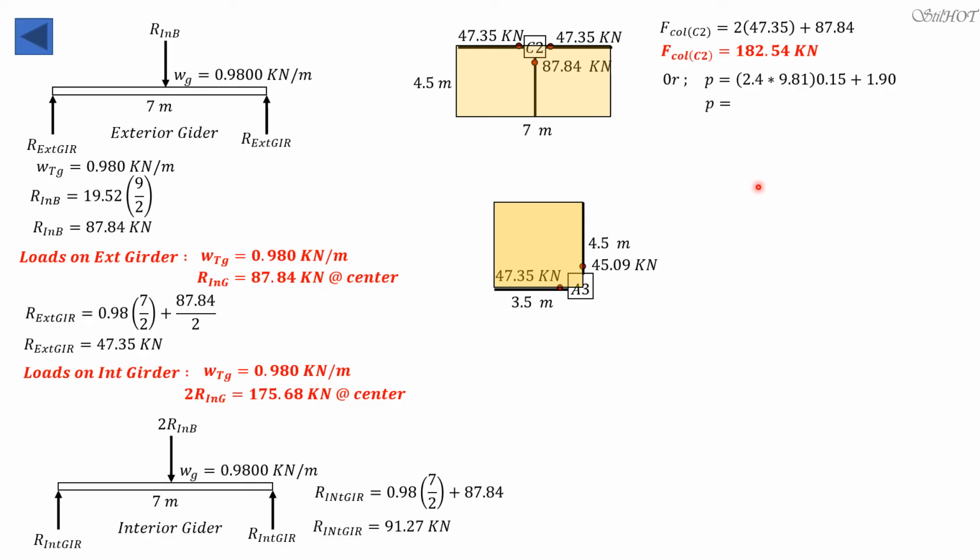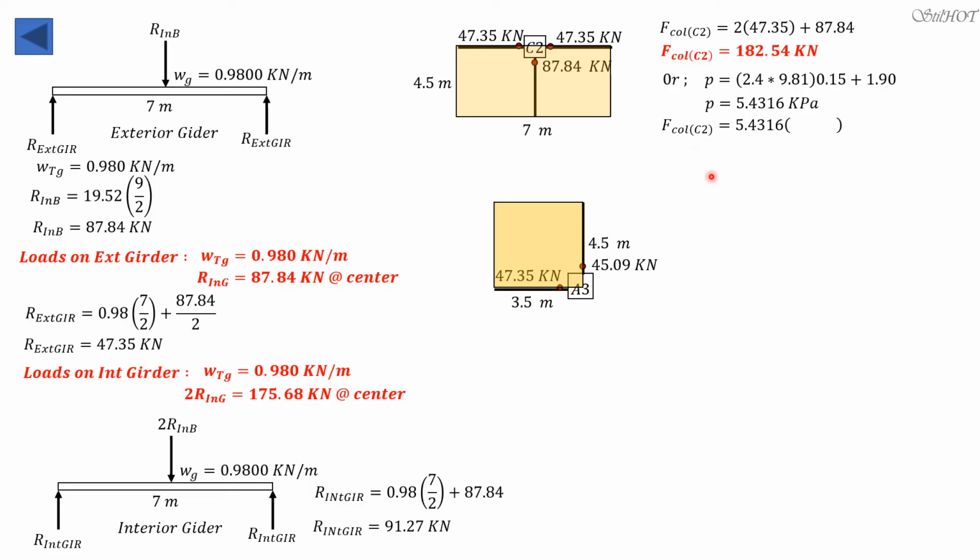But before that, let's compute the pressure over this area first: 5.4316 kilopascals. Take note that there is a beam here, and this beam is common to this area and to the next beam. Same here.